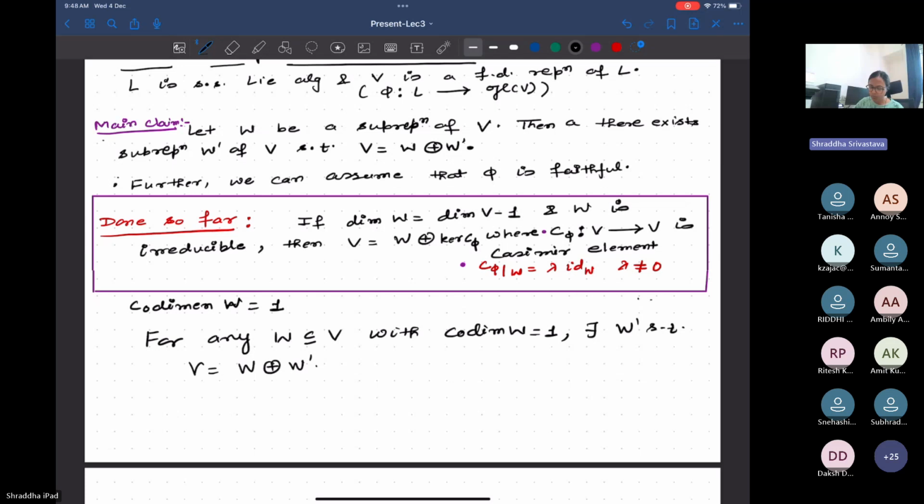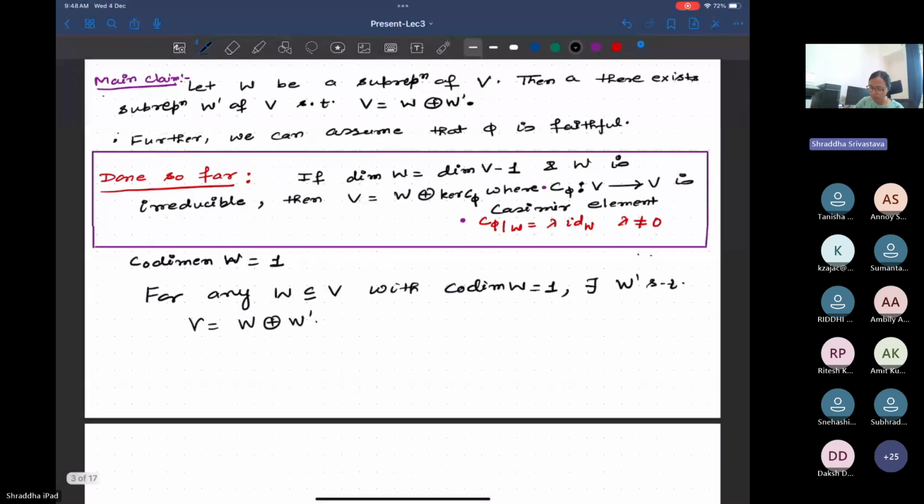This is what we want to prove. We are going to prove it by induction on the dimension of W. Our base case is if the dimension of W is 0.